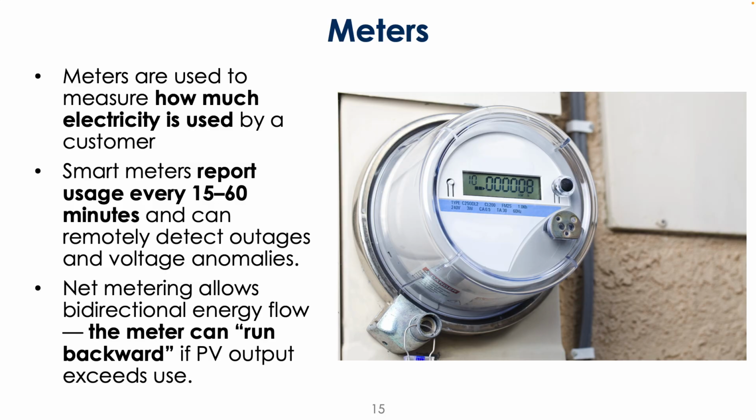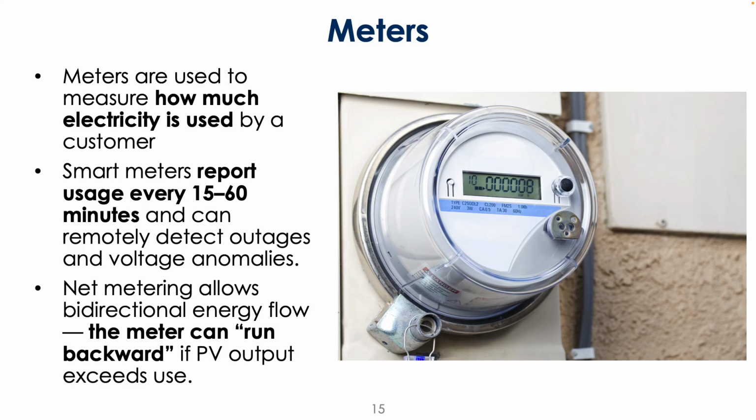As we work our way through the distribution network, you step down at these transformers and then go through these lines to eventually serve your end-use customer. The way we measure how much electricity is used, I'm sure you've all seen these before, is meters.